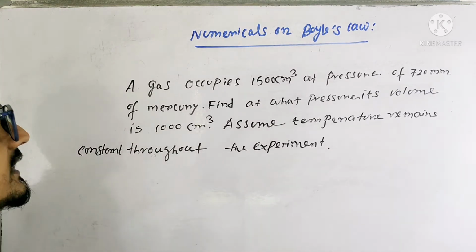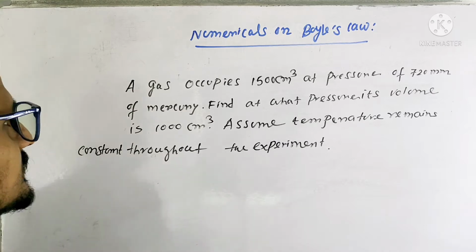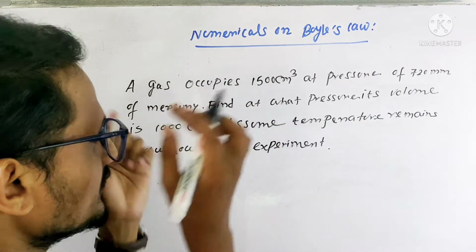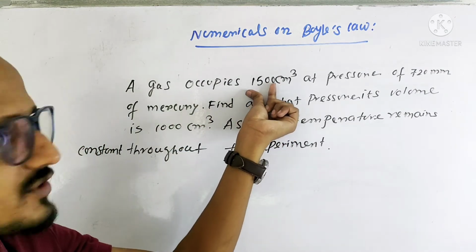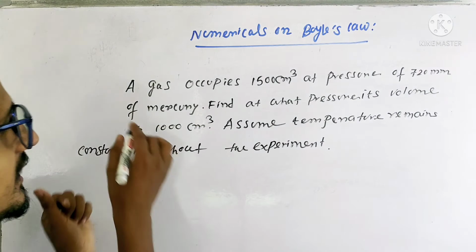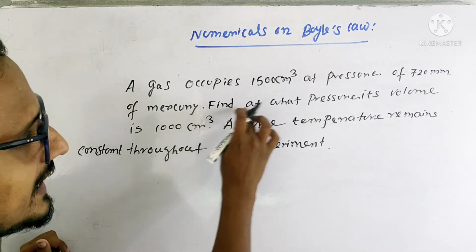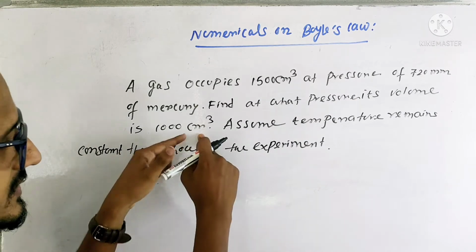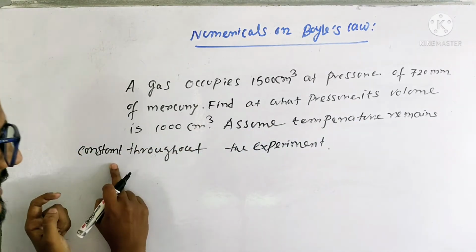Now let's see the first problem. A gas occupies 1500 centimeter cube at a pressure of 720 millimeter of mercury. Find at what pressure its volume is 1000 centimeter cube. Assume temperature is constant throughout the experiment.